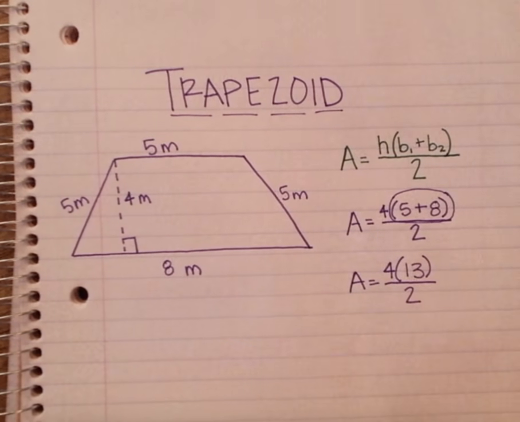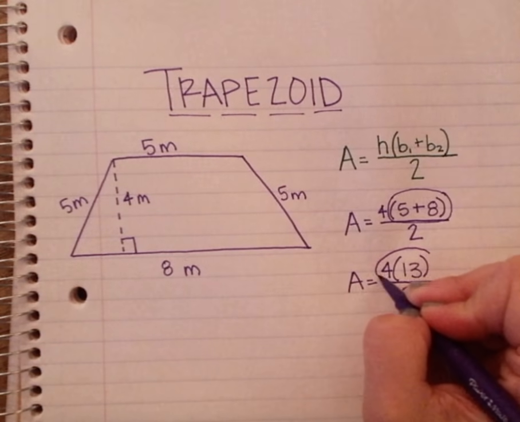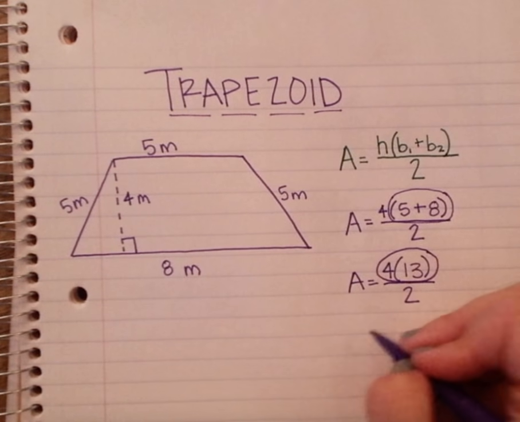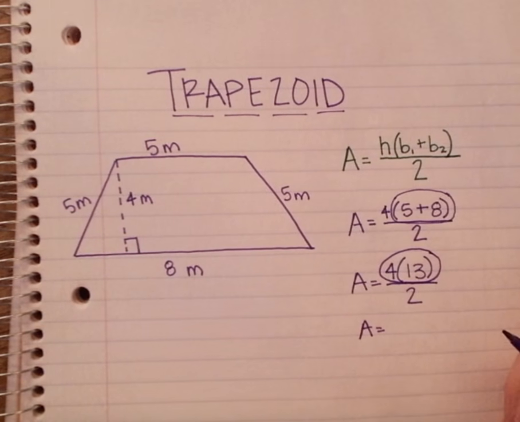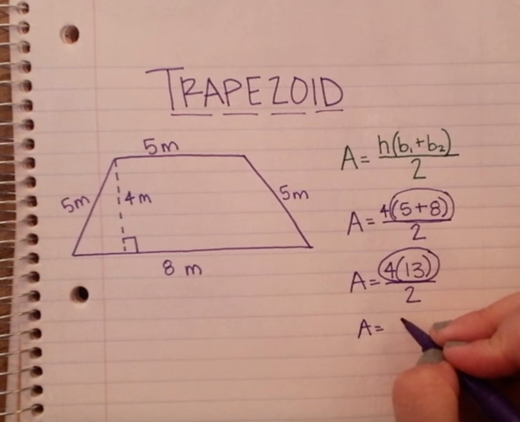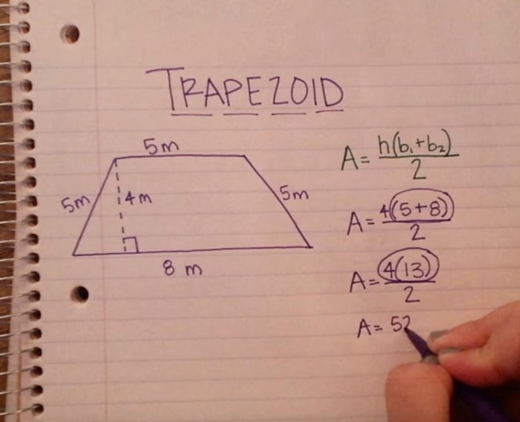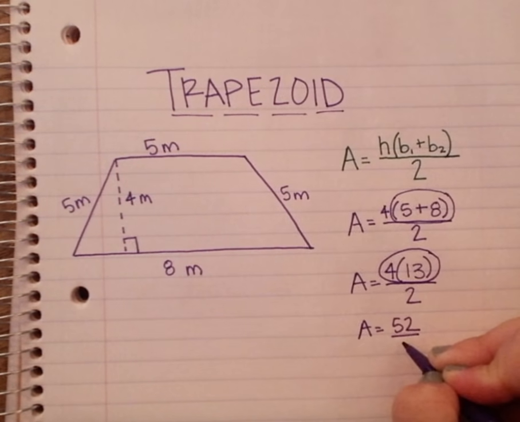So now what are we going to do next? Multiplication or division? We're going to do the top first. So we're going to do 4 times 13. So on your calculator, do that, unless you can do that one mentally. On the count of 3, 1, 2, 3. 52 divided by 2.